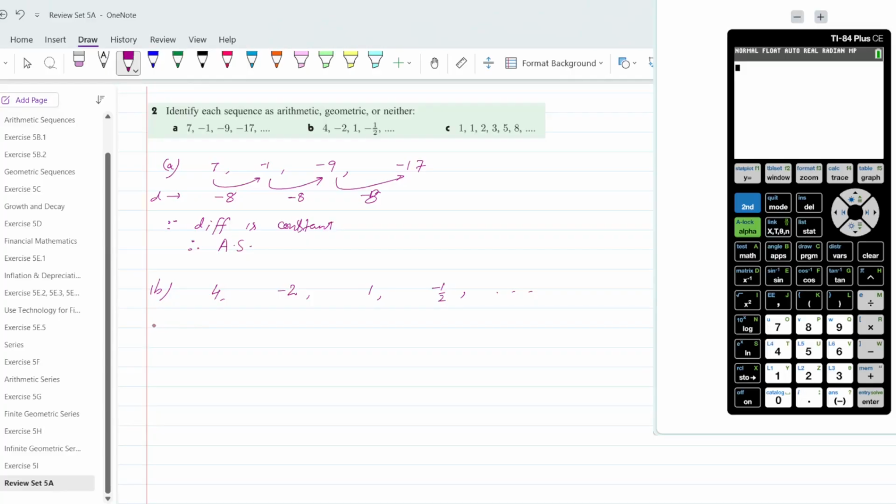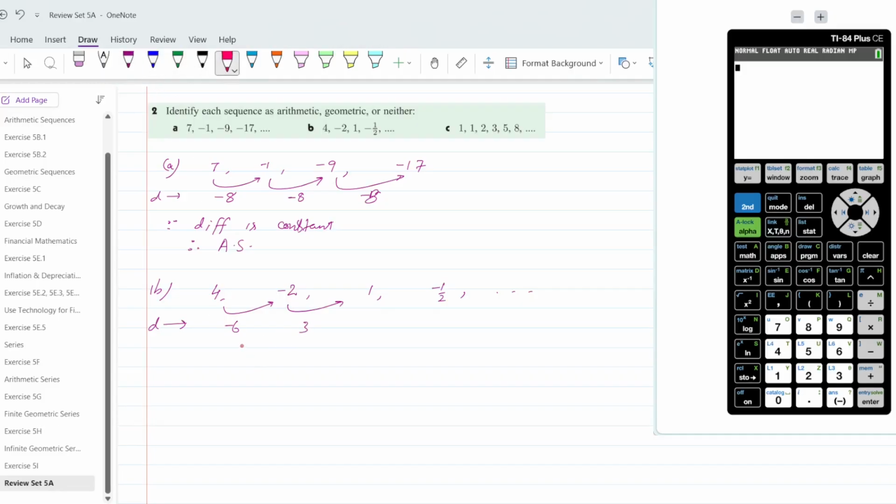Here, if we calculate the difference, -2 minus 4 is going to be -6. 1 minus -2 is going to be 1 plus 2, that is 3.